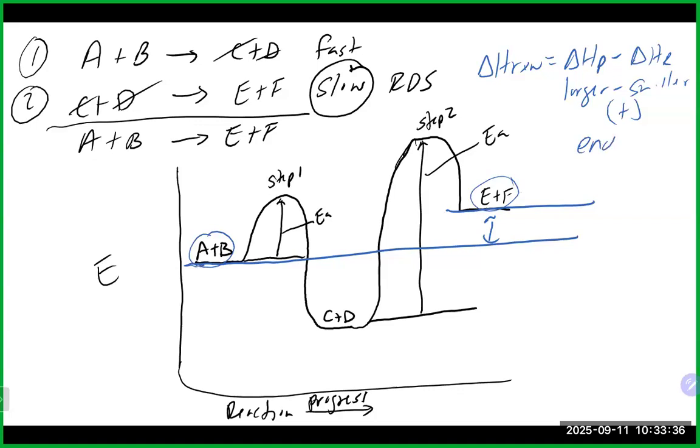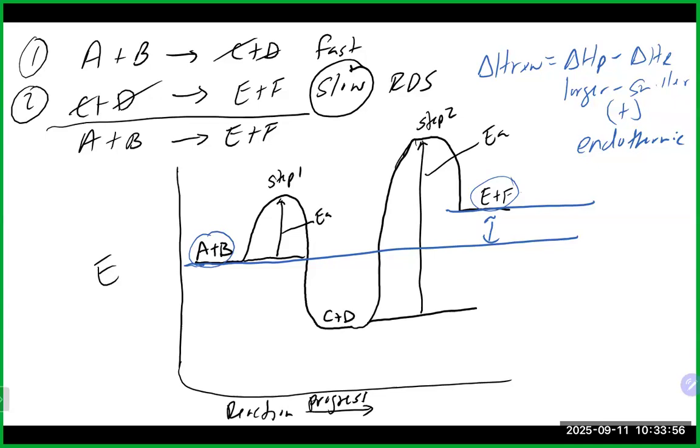Obviously, if you're going to draw something like that, that's also something you want to think about. Is it an exothermic reaction or an endothermic reaction, and the placement of your reactants and your products? So if it was exothermic, my products should actually be lower than where my reactants started.